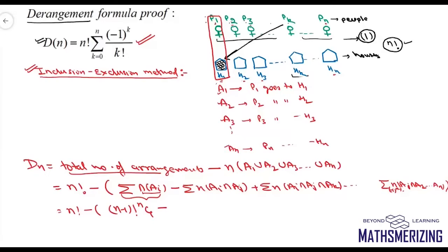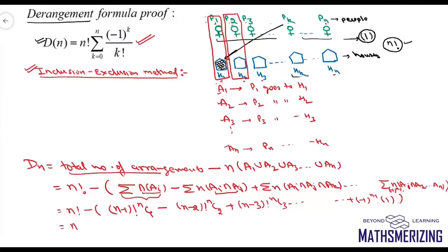Now for two people, suppose P1 and P2 are in their assigned places, then the remaining n minus 2 people can be arranged in factorial n minus 2 ways, into the number of ways I can select two distinct people, which is nC2, and then plus factorial n minus 3 into nC3, and it will continue up to minus 1 to the power n minus 1, and if all the people are in their assigned positions, then there will be simply 1.